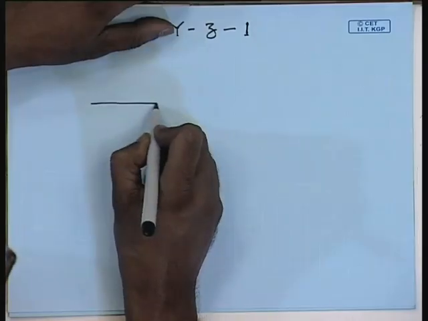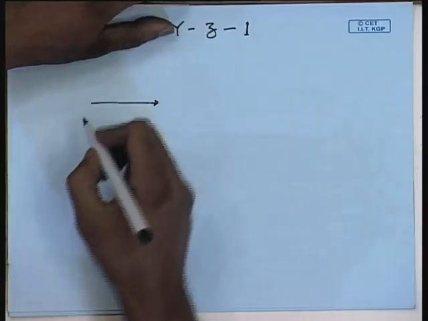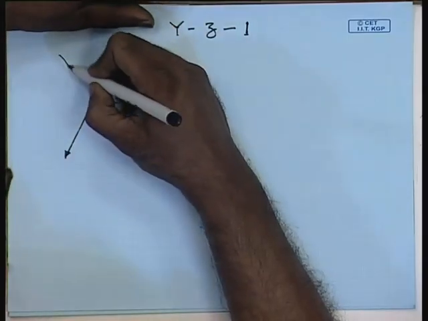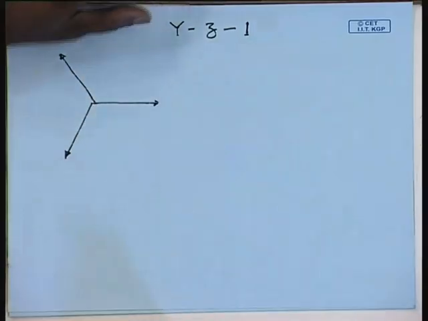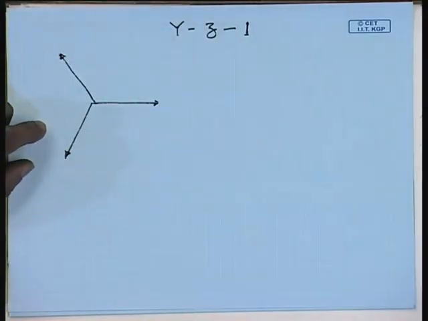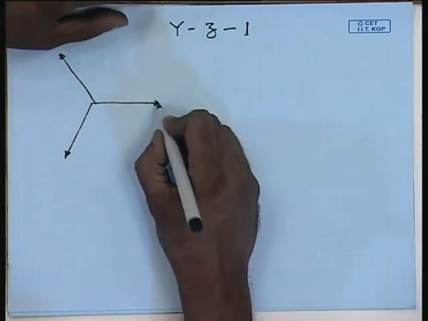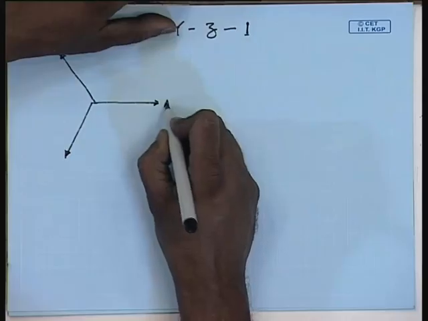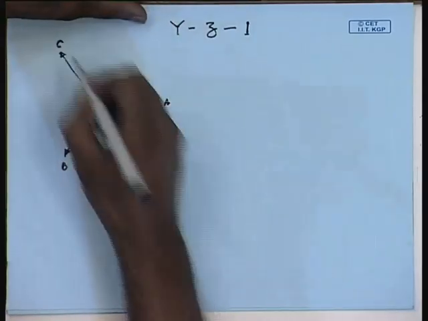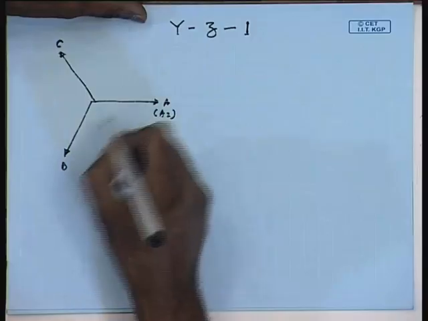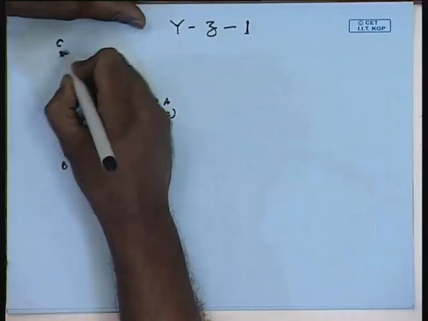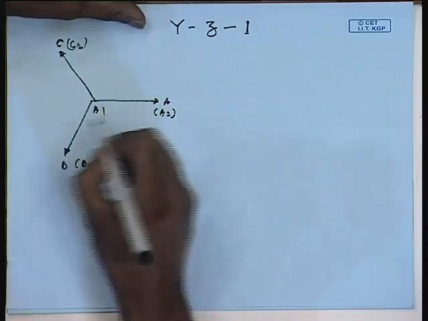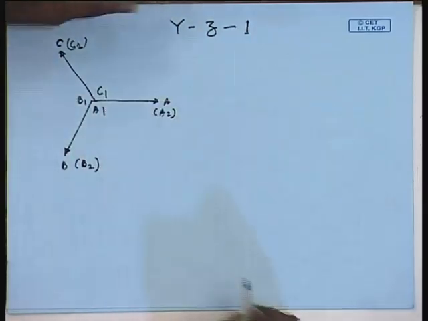So, let us say this is your A phase, this is B phase and this is C phase. This is terminal A, B, C lines. Hence, this is also A2, this is B2 and this is C2. This is A1, B1, C1.